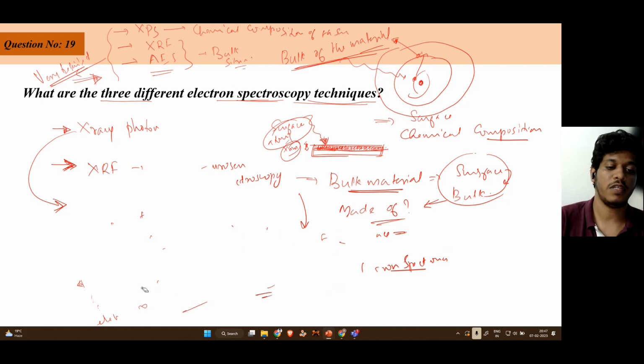The question that was asked was, what are the three different spectroscopic techniques that are regularly used in material science or chemical engineering?